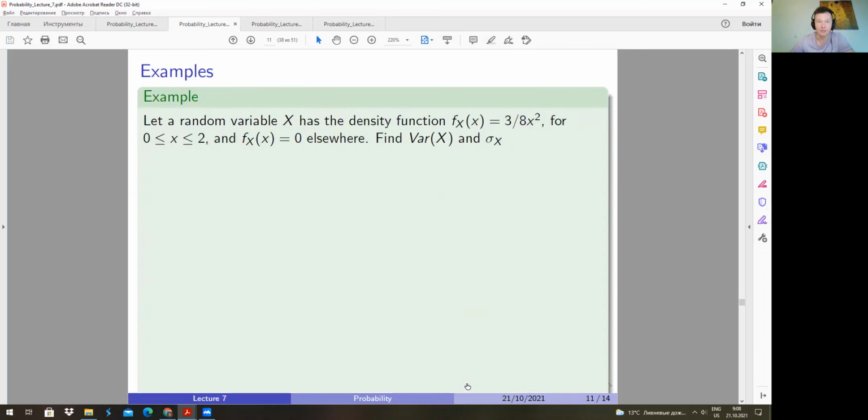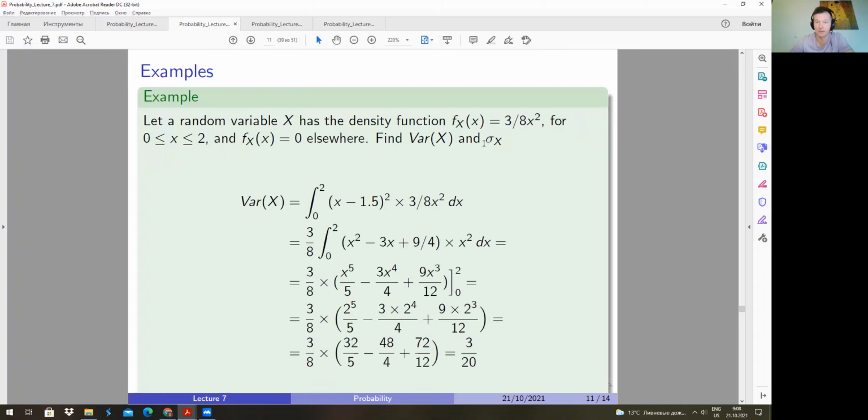And for the continuous case, this is the familiar continuous random variable. If we want to calculate the variance and the standard deviation, we apply the same procedure. I plug in x minus expectation squared, multiplied by the PDF, and then I need to integrate it.